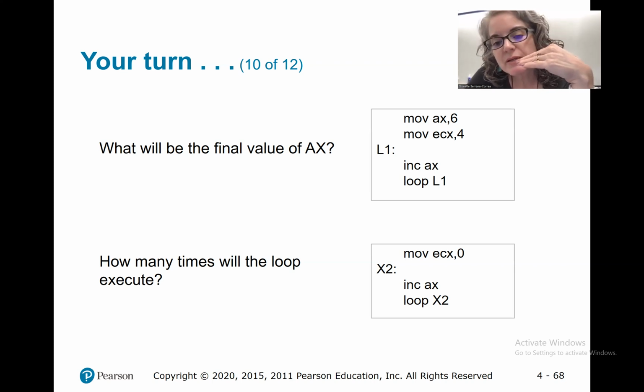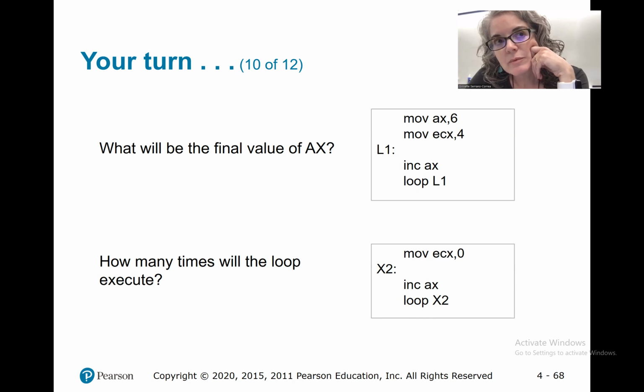So the first step is it goes inside and does this. It decreases ECX to -1. And then it says, is -1 not equal to 0? That's true. So it goes through the loop again. And it's going to be -2, -3. So it's going to be an infinite loop.